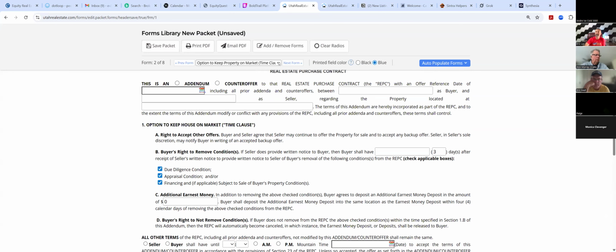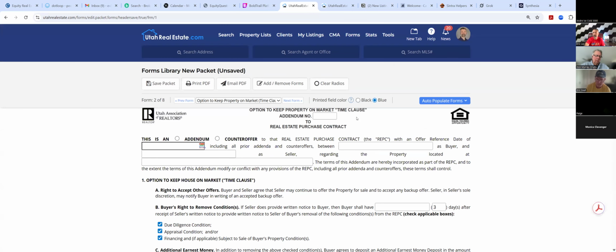Absolutely. So this is the option to leave the property on the market, which is basically an addendum or a counter to the offer at the time that the buyer is making the offer. Correct. And if I'm the buyer's agent, I would not like to see all three of those checked.